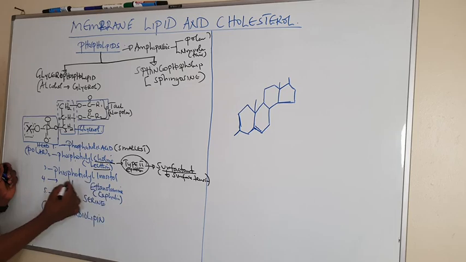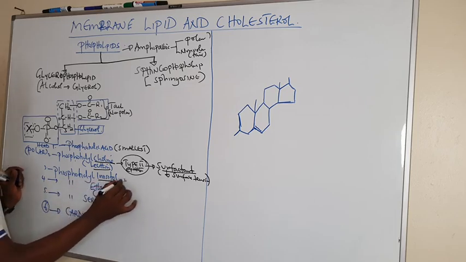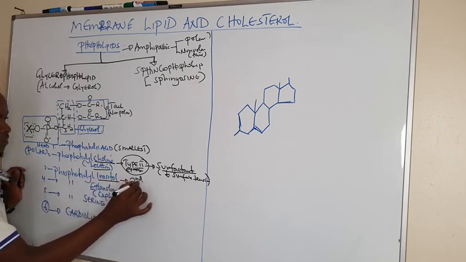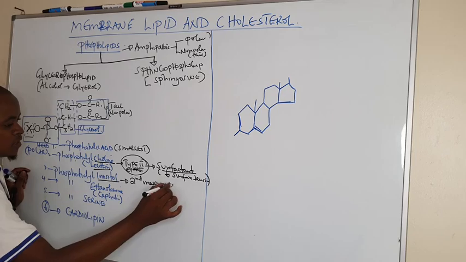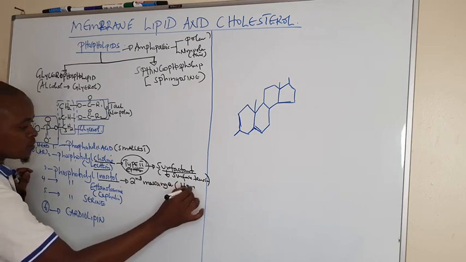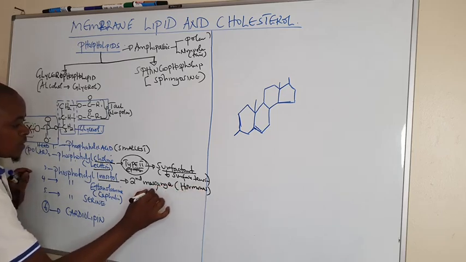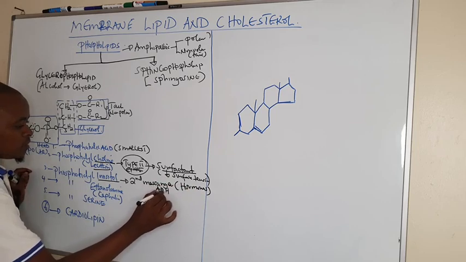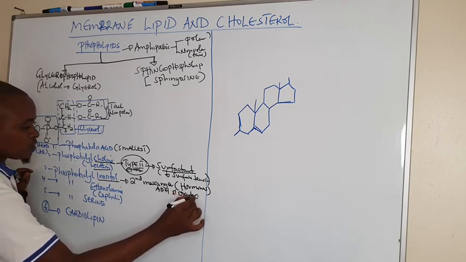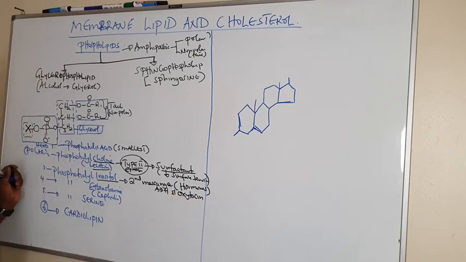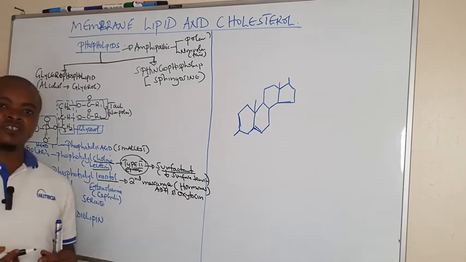Then this phosphatidylinositol acts as a second messenger in hormones. Hormones like ADH, that is antidiuretic hormone, and hormones like oxytocin, whereby it is acting as a second messenger.